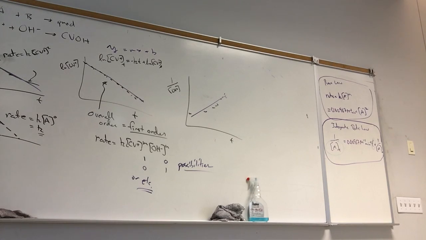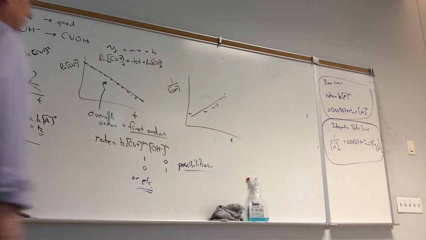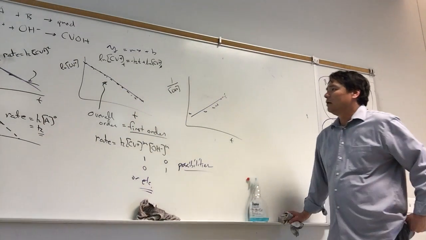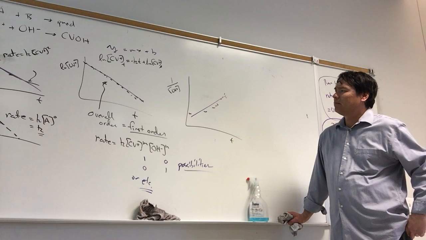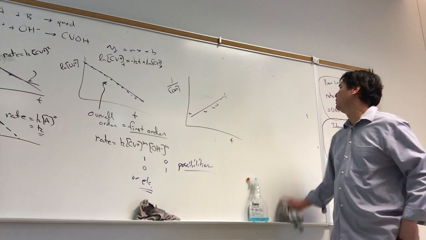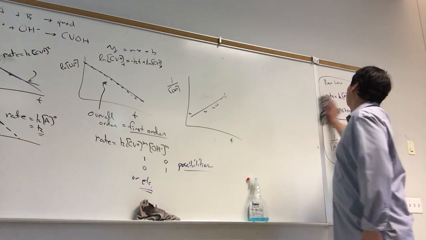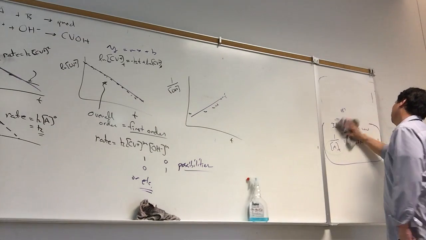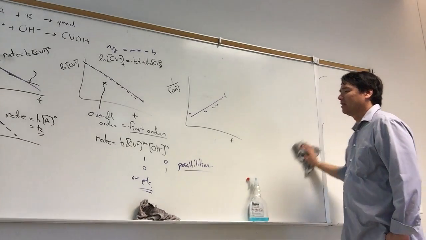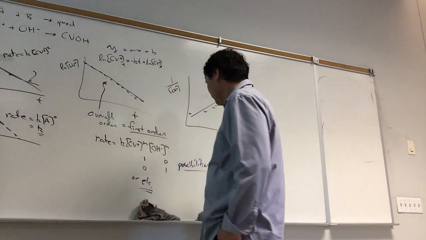Well, or we didn't. We didn't measure. We could, I guess, with the absorbance, but the hydroxide we didn't. So we have a problem, and so this is what we do.